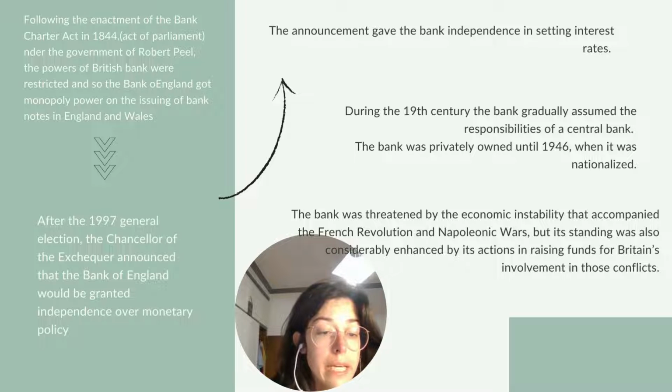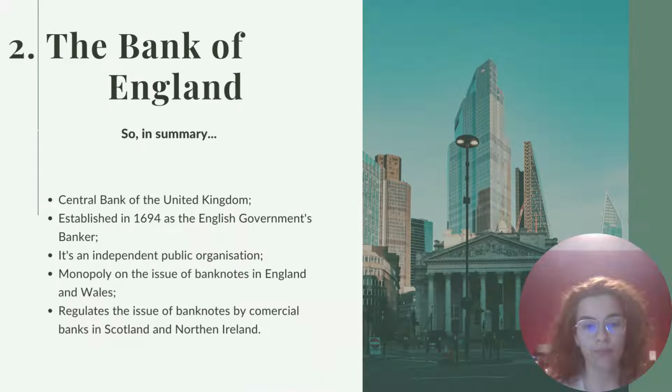As a result, it became banker to other banks, which, by maintaining balances with the Bank of England, could settle some debts among themselves. The bank was only threatened by the economic instability brought by the French Revolution and the Napoleonic Wars.